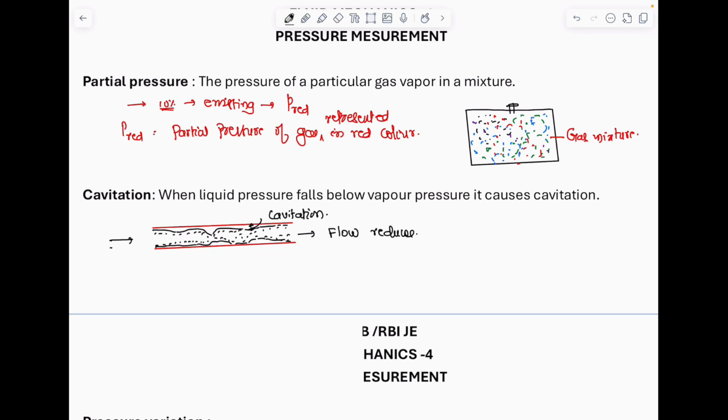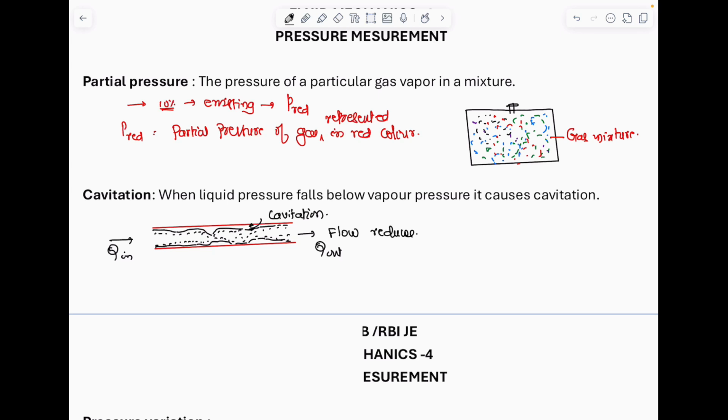If Q is flowing in a pipeline, Q in, there may not be Q out at the same rate as Q in because of the cavitations.